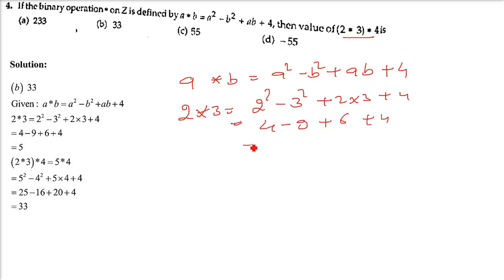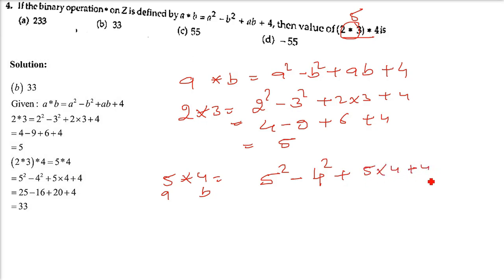So you have this 10, 14 minus 9, which is going to be 5. Now 2 star 3 is 5. We will operate 5 with 4 now. 5 star 4. So in place of A, take 5. In place of B, take 4. So 5 square minus 4 square plus 5 into 4 plus 4. This is 25 minus 16 plus 20 plus 4. And the final value will be 33.